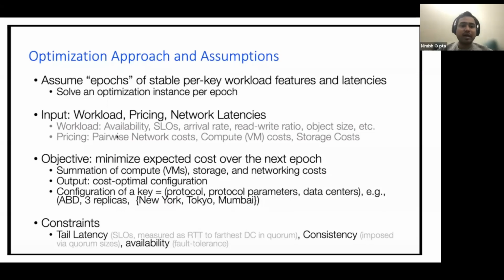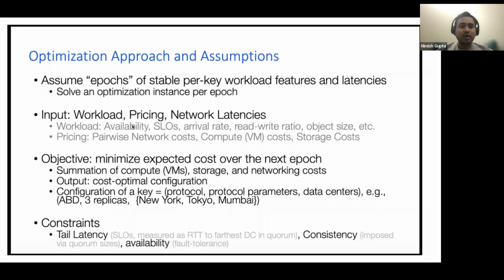Within workload characteristics, the parameters are the availability requirements, the latency requirements, predicted arrival rate, read-write ratio on the key, and size of the objects. Pricing is what we saw earlier, like pairwise network costs, VM cost for compute, and storage costs.